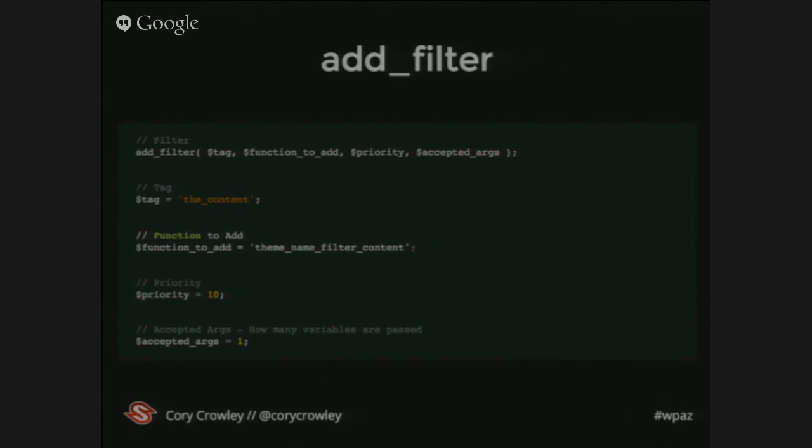So when we define a function to modify this content, for example, we can accept arguments. So depending on the filter, it may give you, for example, if we're filtering the title, one of the arguments is going to be the title that we're filtering, and we'll go through that. But it can accept one as the default, but it can accept however many you want it to.